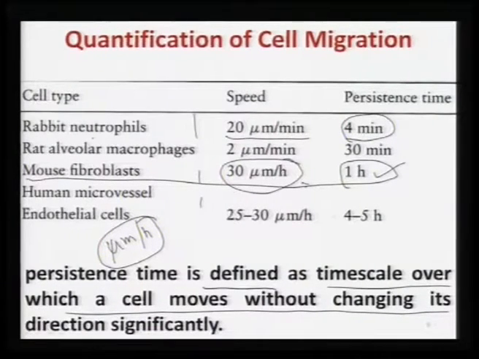For fibroblasts it is 1 hour, and in endothelial cells it is 4 to 5 hours. Endothelial cells can move in a very integrated manner for a longer time period, whereas rabbit neutrophils can change direction even after 4 minutes. So, it can vary from 4 minutes to 4 hours. There is a time scale difference.